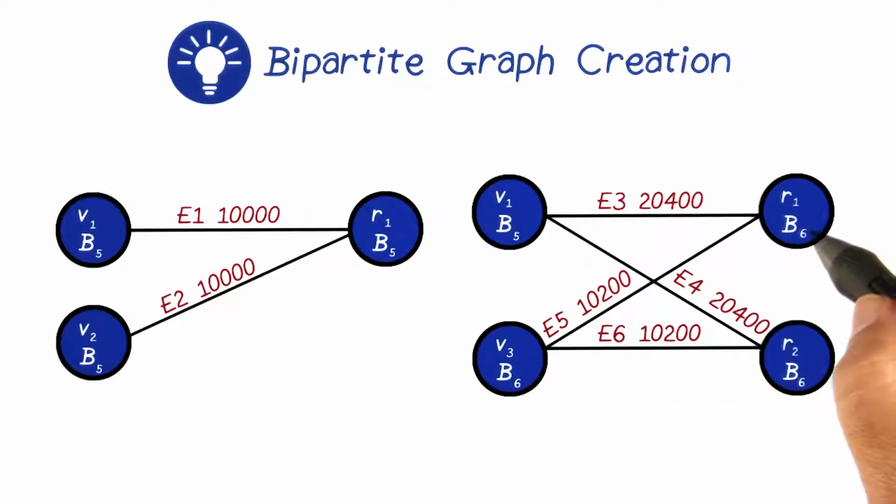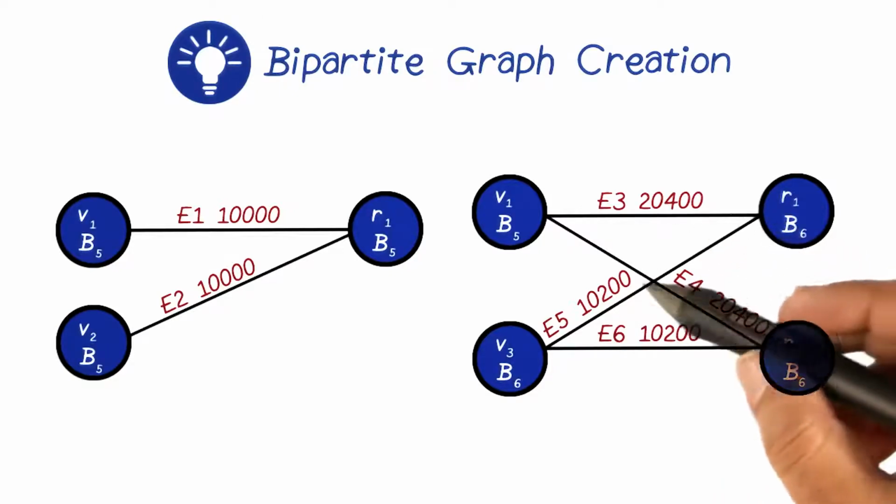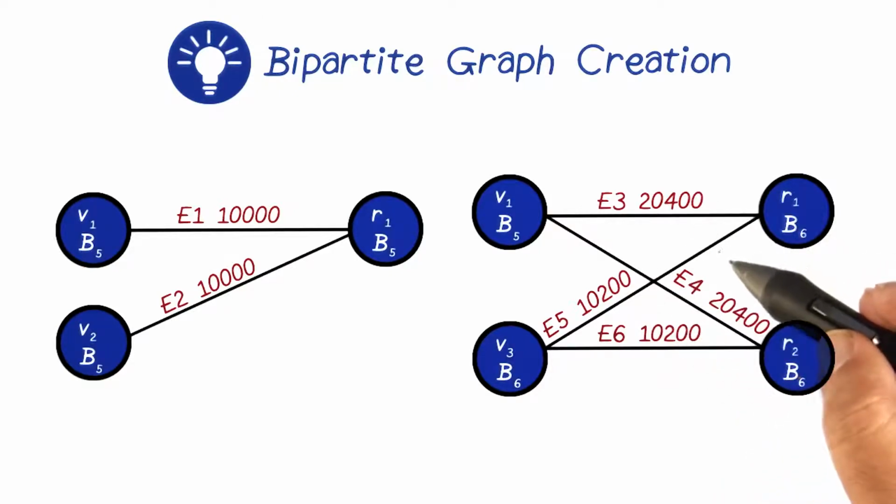In basic block B6, however, we have a register R1 available. We do not have this register available in any other block, and we have another register R2 available in basic block B6. So now it's a question of how to match these registers which are available to these different variables, and those are represented using these benefits.